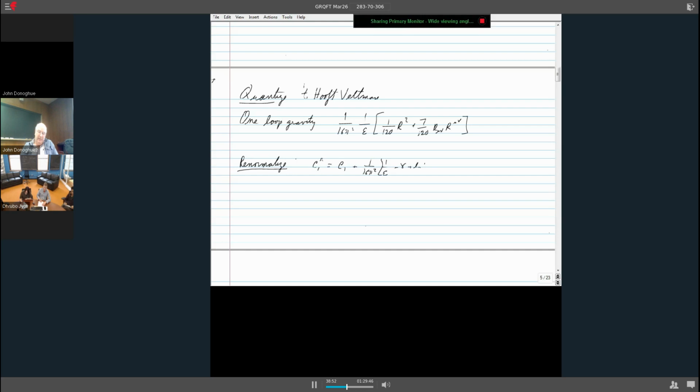The next step is to renormalize. And you see that these guys look like C1 and C2. So C1 renormalized is C1 plus the 1 over 16 pi squared, 1 over epsilon. These guys, of course, come along with the gammas or pi's, etc. C2 is 120 here.